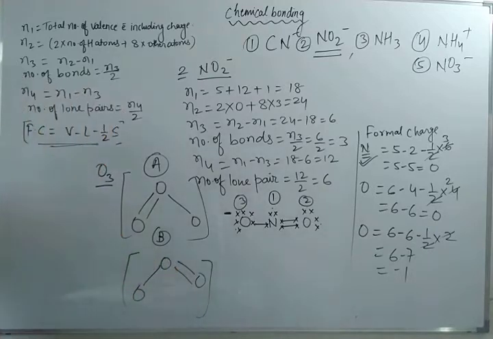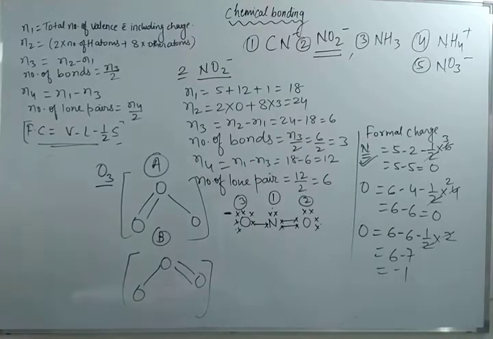Can this structure be wrong? In structure B, I have just done the opposite. Now experiment shows that the 2 bonds are identical. Therefore, neither structure 1 is correct nor structure 2 is correct. Now there is a very good question.